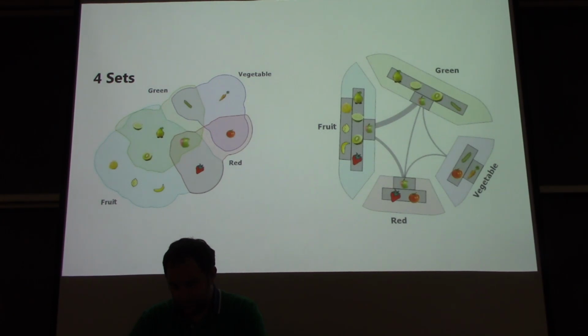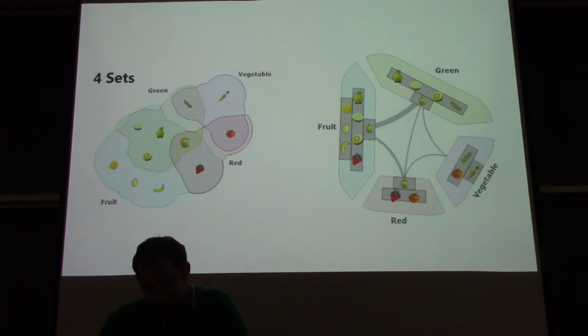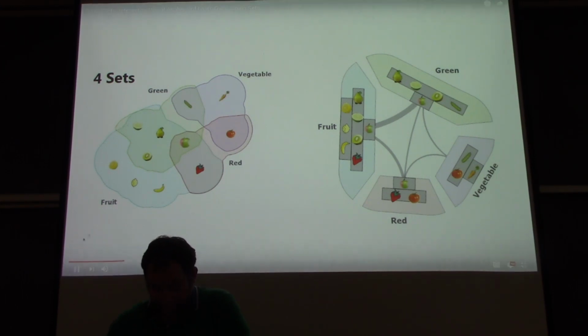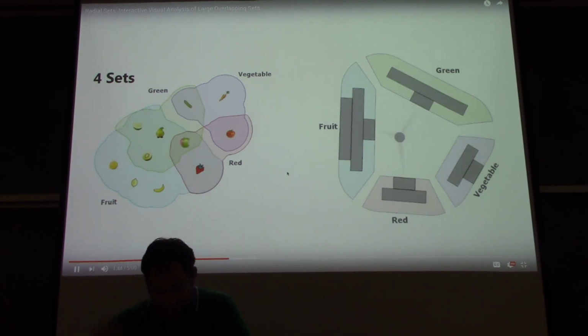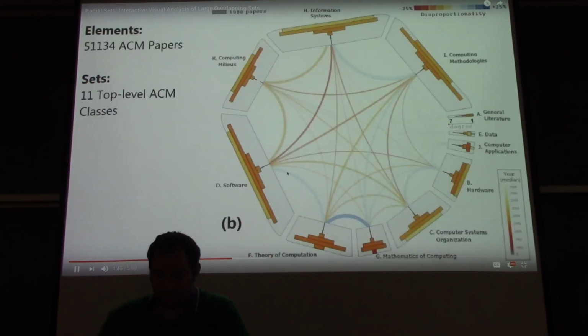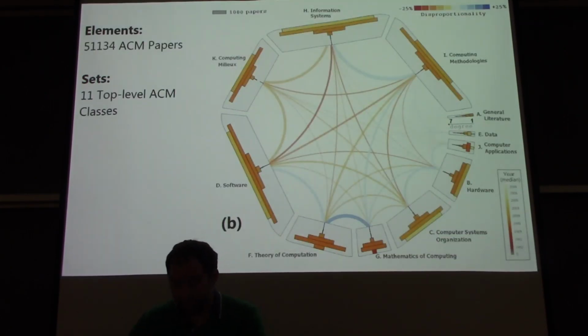Radial sets is a new visualization technique for overlapping sets. It avoids the topological constraints by using separate visual items for the sets. The size of each set by degree remains visible. This makes radial sets highly scalable in the number of elements.